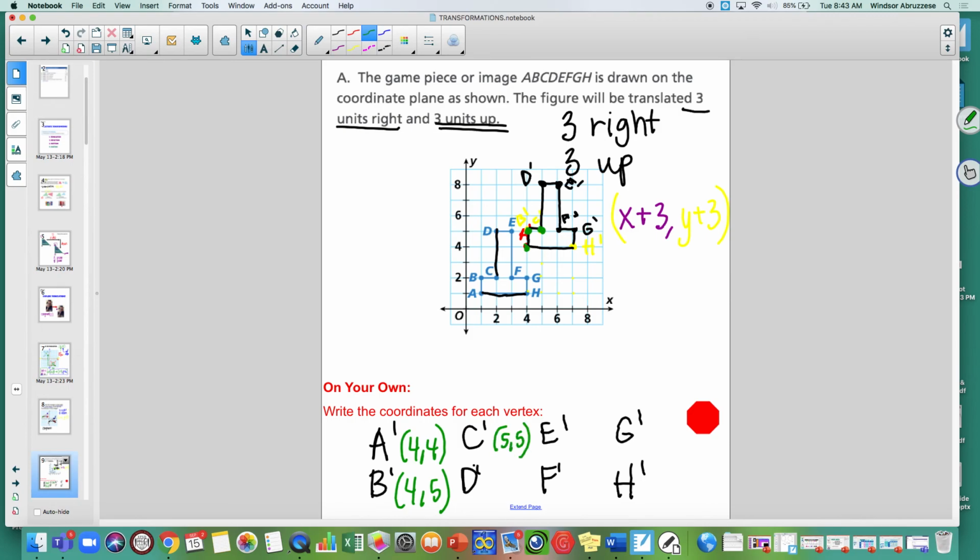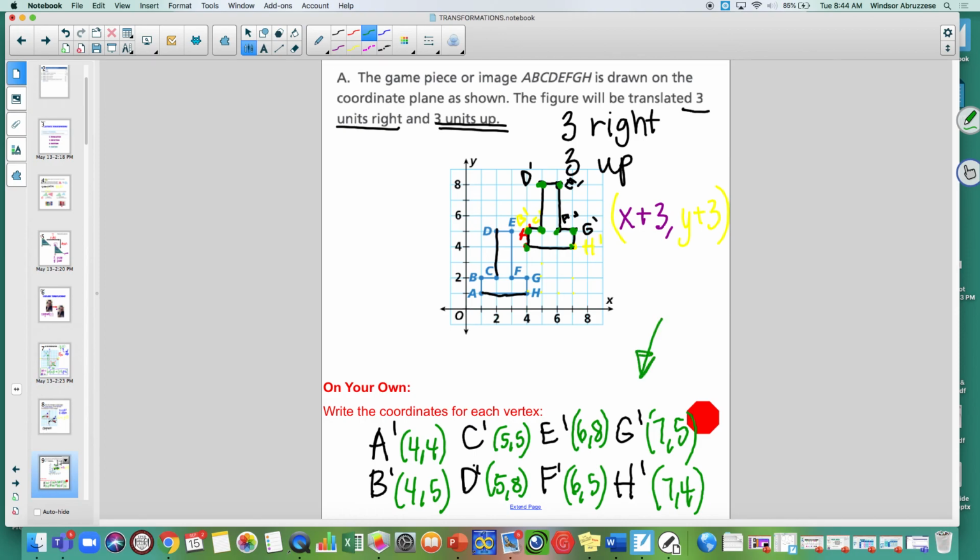D prime is up here, is 5, 8. E prime is here, which is 6, 8. F prime is 6, 5. G prime is 7, 5. And H prime is 7, 4.